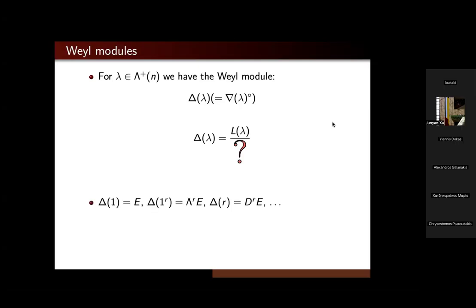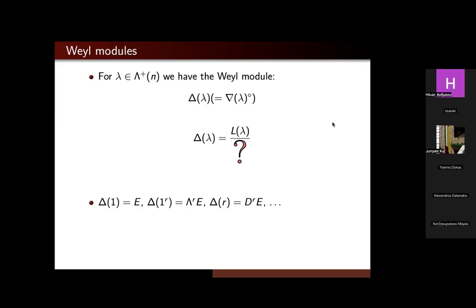Some Weyl models that we know: if you take again the partition 1, that would be the natural model of column vectors. It is self-dual, and it is the same. Nabla 1 and delta 1 coincide here. In fact, this tells you directly, you could have proved it directly, but this tells you that E is an irreducible representation. The same holds for all the exterior powers. They coincide here, and they give you an irreducible representation.